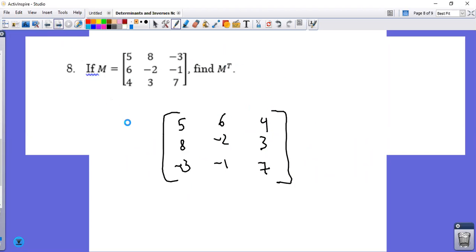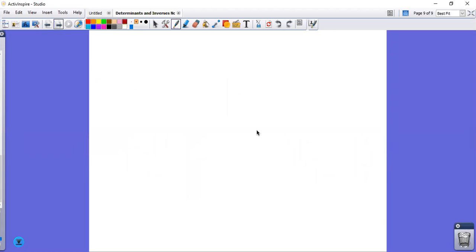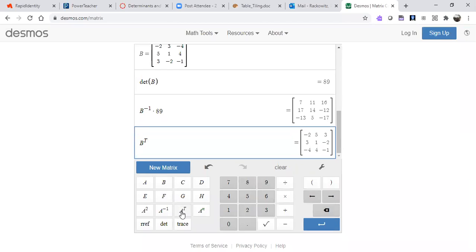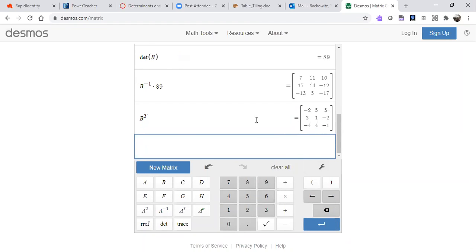If you're doing more operations with the transpose, then you could do that in Desmos. Like here, if you wanted to transpose that B matrix, you do B to the T power. But if that's all you're doing, it's easier just to write it. If you were doing that with some multiplication or other stuff, then you can transpose it in here.